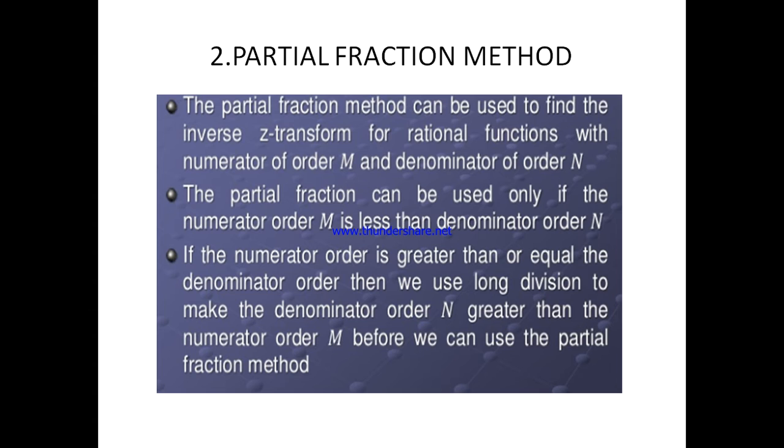Next we are going to see the partial fraction method. In the partial fraction method we calculate the inverse Z transform for rational functions, that means transfer functions having a numerator of order m and a denominator of order n.